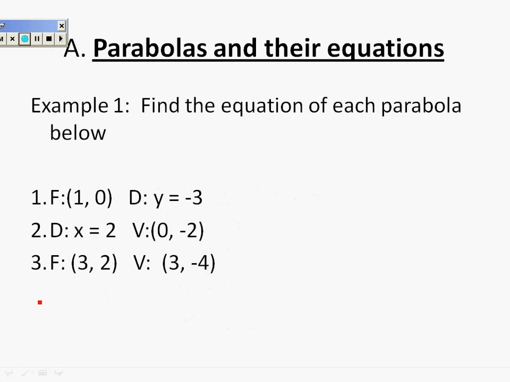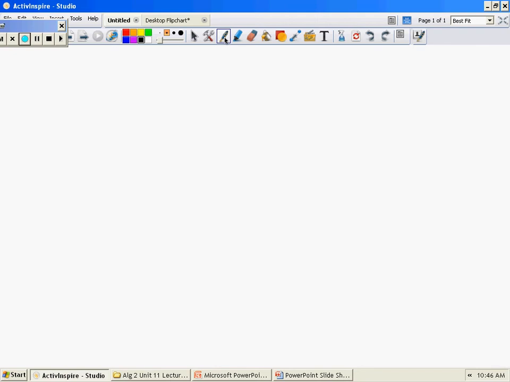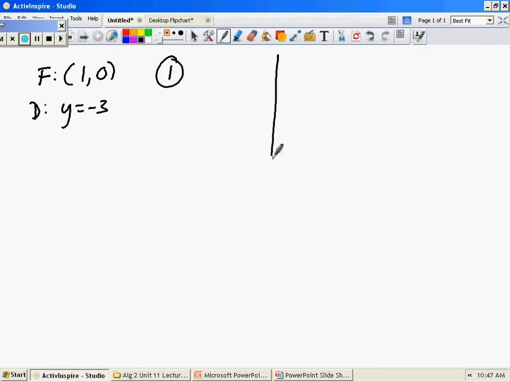Step 1, I'm just going to go ahead and graph this. So our focus is (1, 0). My directrix is y equals -3. One, 0, that's over 1, up none.